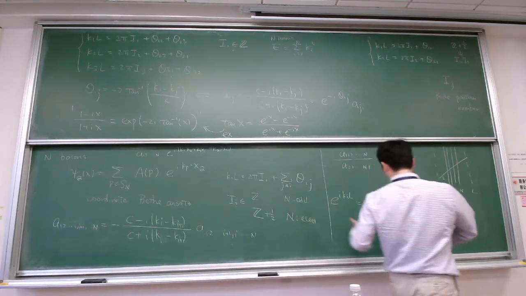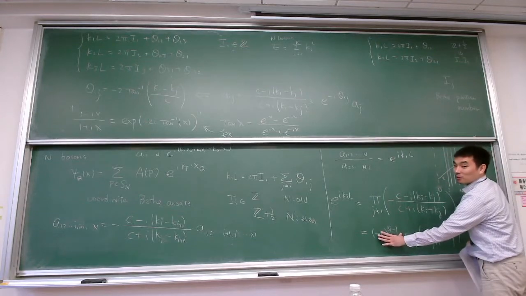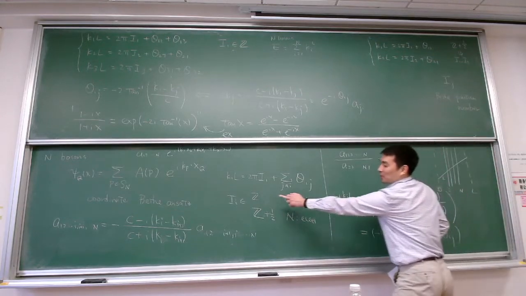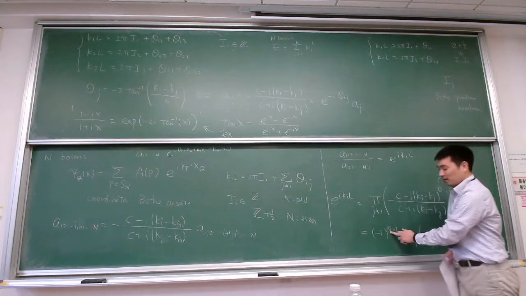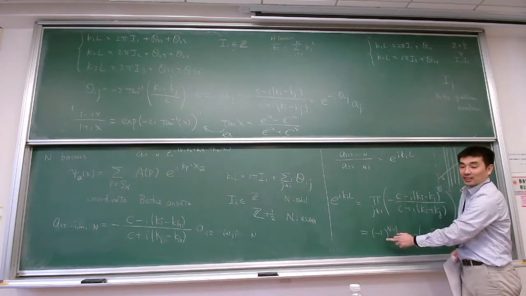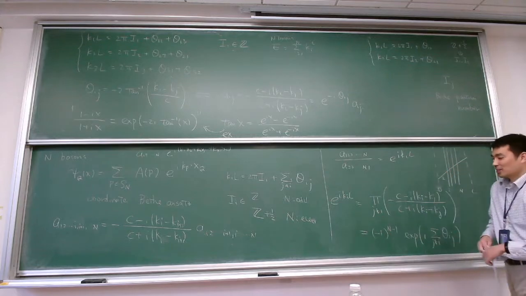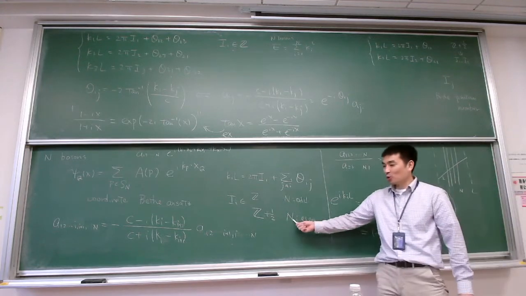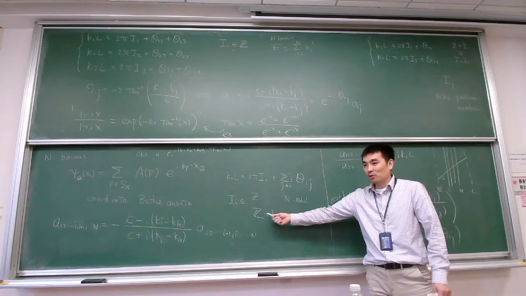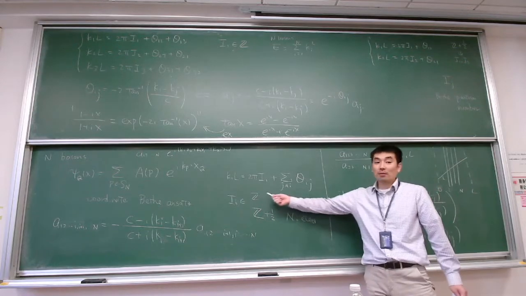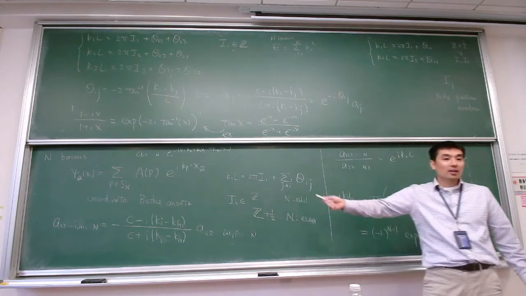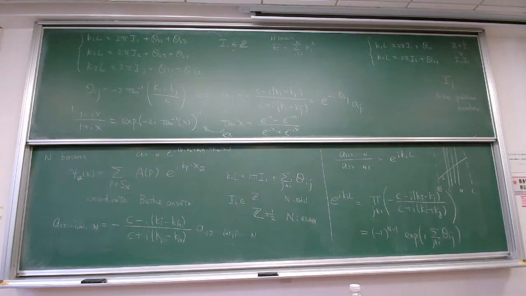So if n is odd, it becomes 1, so therefore it should be integer. If n is even, it gets a minus sign, so therefore it should be half integer, strictly half integer. This is what happens, right? So when n is equal to 2, it is a half integer. N equals 3, you have an integer. Sorry.